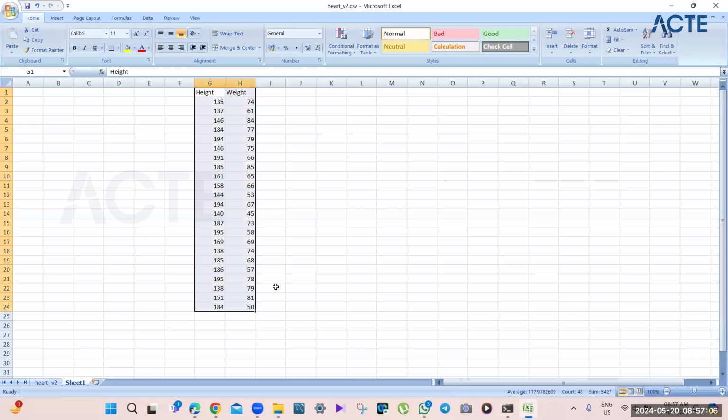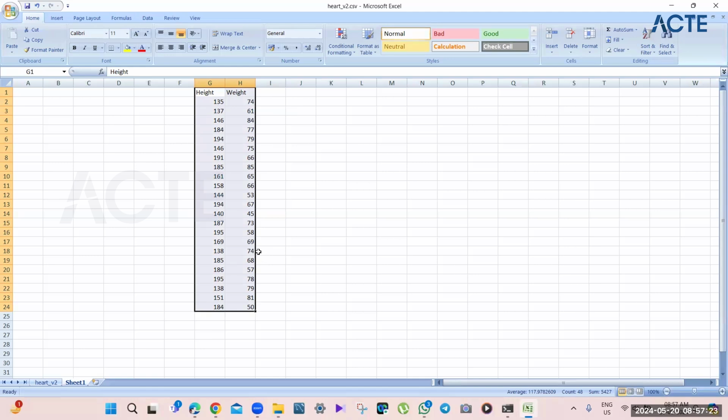My question is, I was given this data set and asked, can you tell me what is the relation between these two? And if I have some new heights, would I be able to predict the weight?